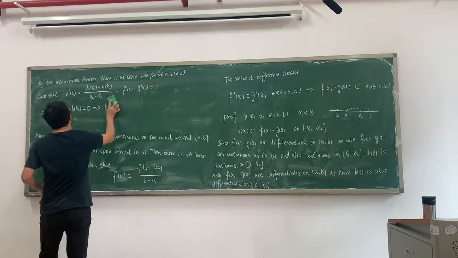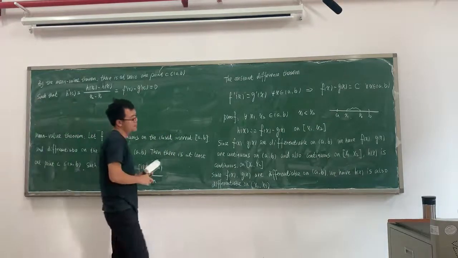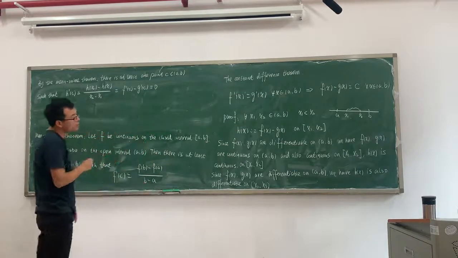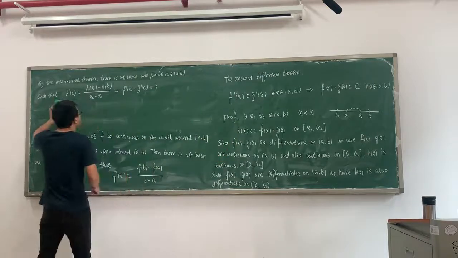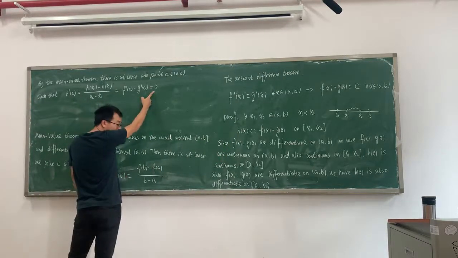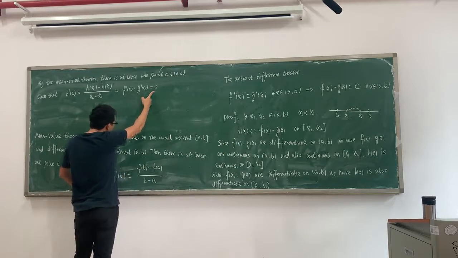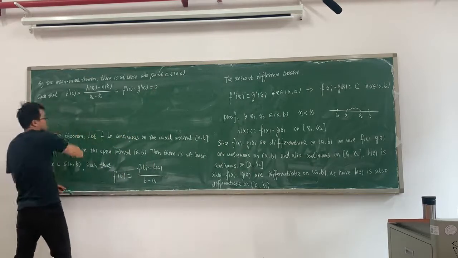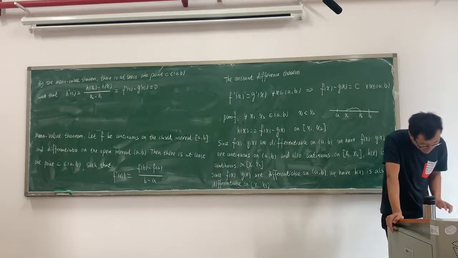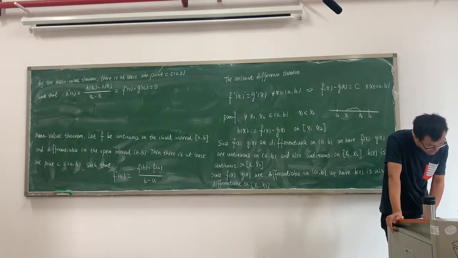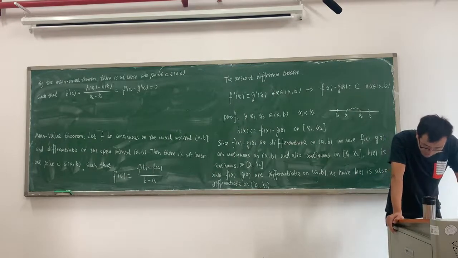I'm sorry, here I made a mistake. Here actually we consider h prime, okay? h prime equal to 0, so by the solution here, page 257, solution 5.1.2, okay?